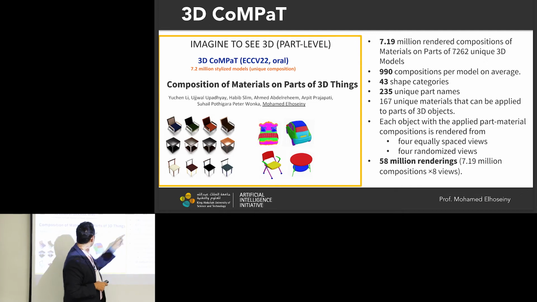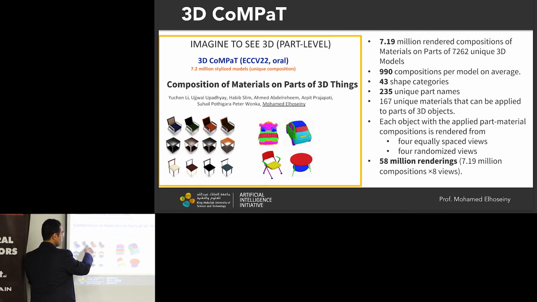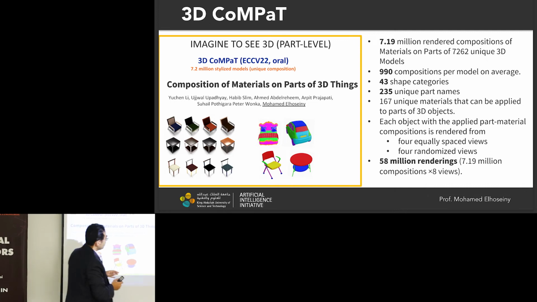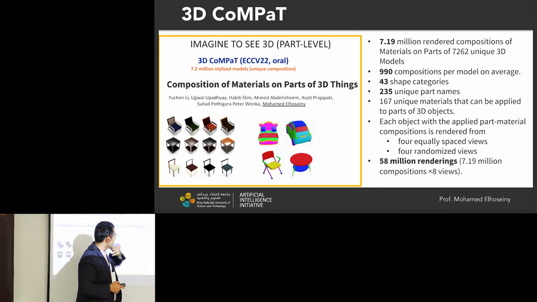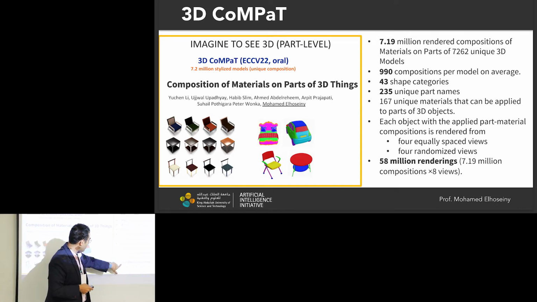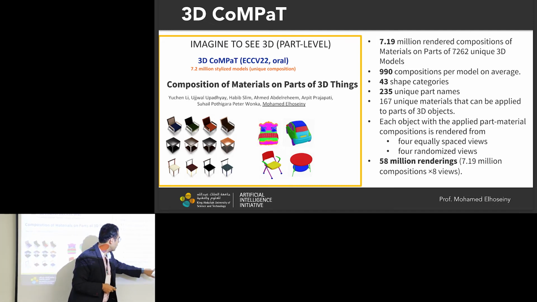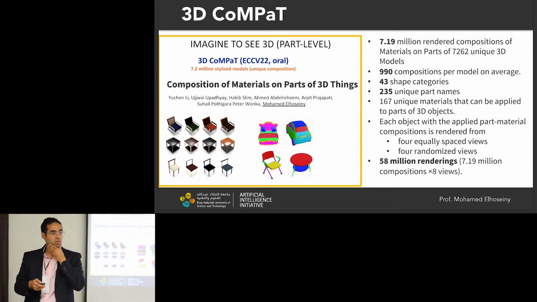This means that for every unique geometry we have 900 possible different variations of the assignment of materials to different parts of 3D objects. We have 43 shape categories, 167 materials. For every object we apply different materials. In total, we have 58 million renderings because this is 7.2 million models times 8 views for every model. And we have the actual stylized geometry as well.